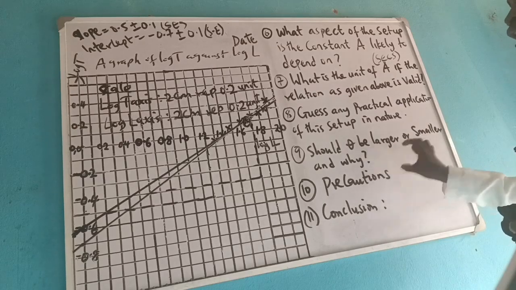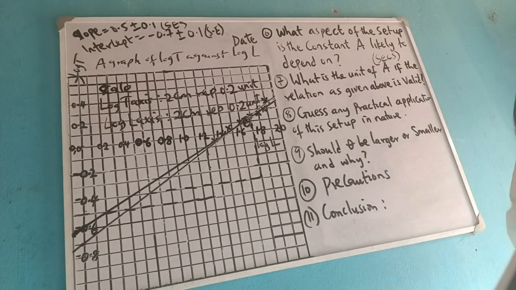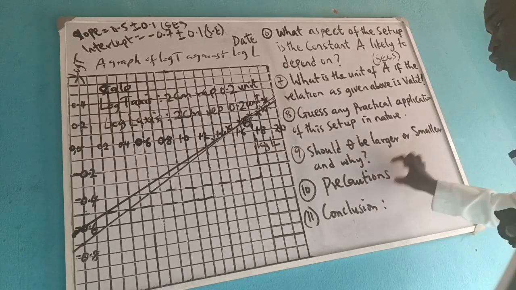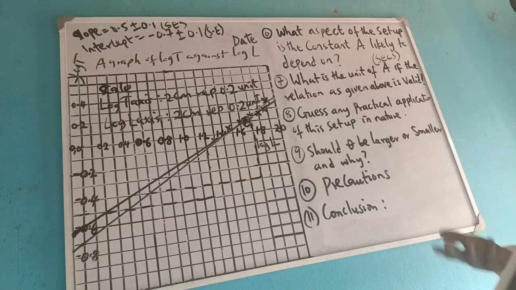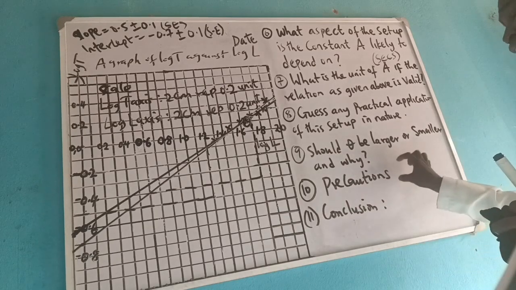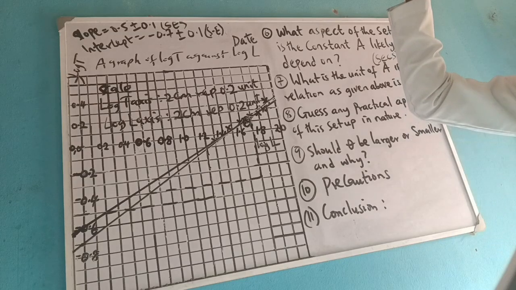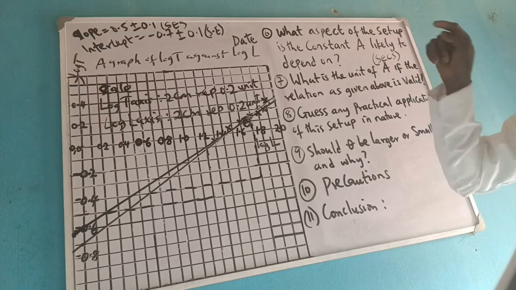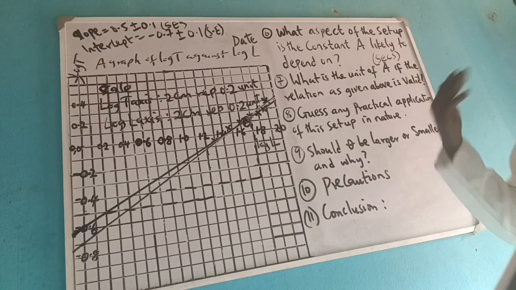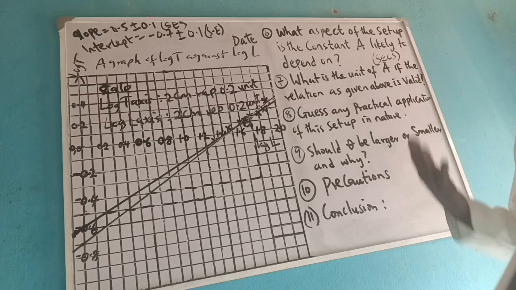Then don't forget to include your precautions, whether you are asked or you are not asked. What are the possible precautions you can put in this experiment? Remember, you measured the length of thread, 80, 70, 60. So you measure it with what? Meter rule.